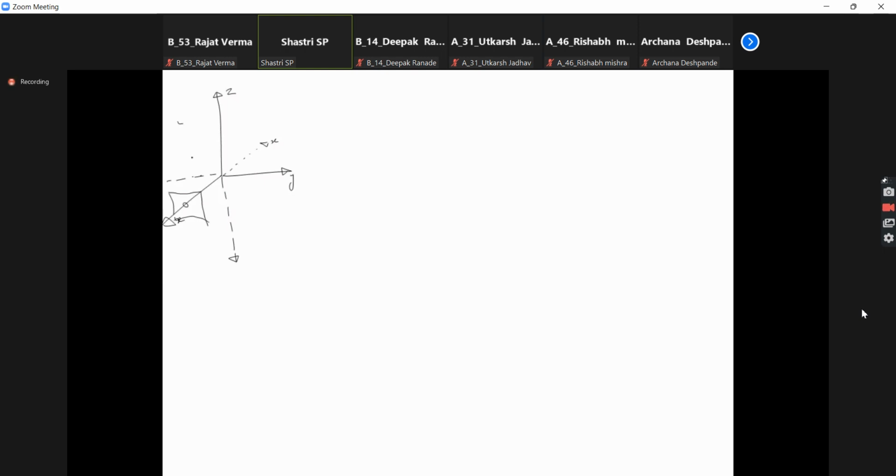The other one is at x equals -3. Please check the data I'm sharing: one sheet is at x equals 2, and another sheet is at x equals -3. First we'll find the electric field because of the individual sheets.